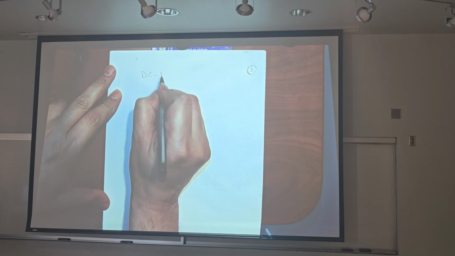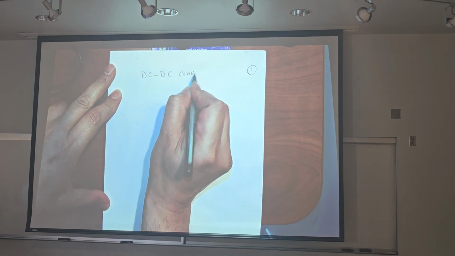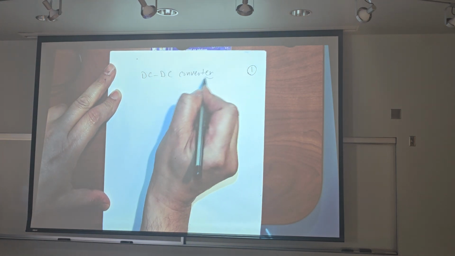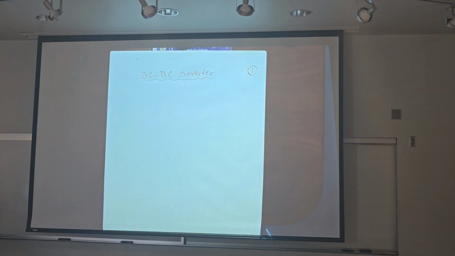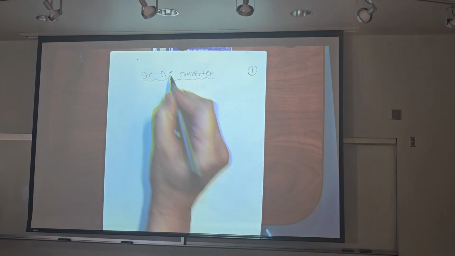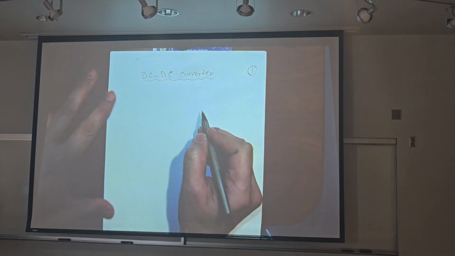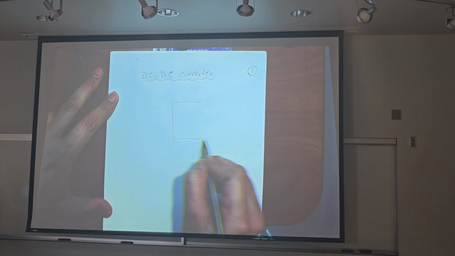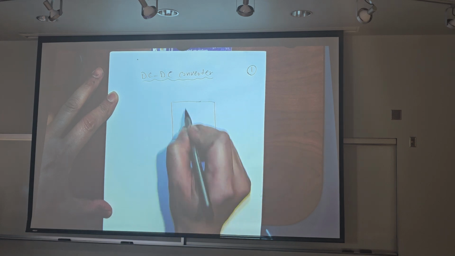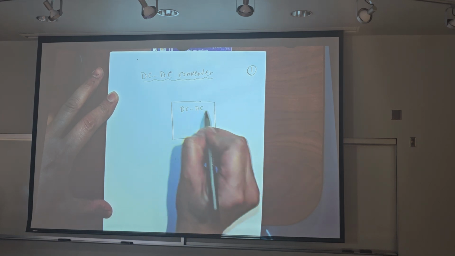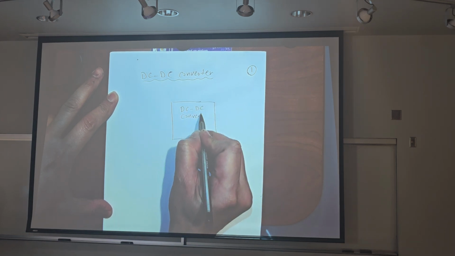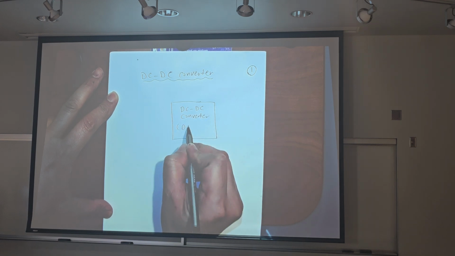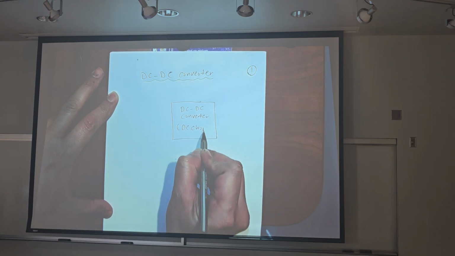DC to DC converter. Why do we need this converter? Why do we need to convert the DC to DC? See here, this is a DC to DC converter, also called a DC chopper.